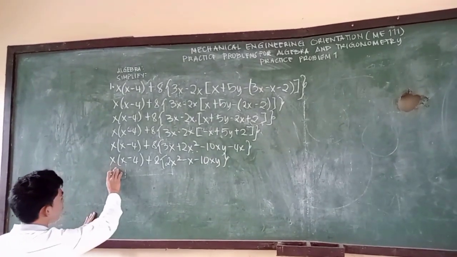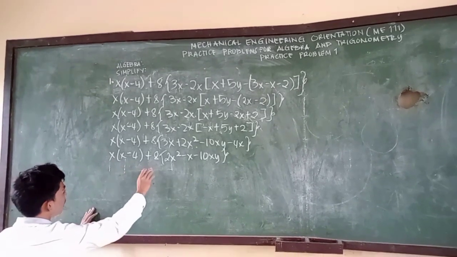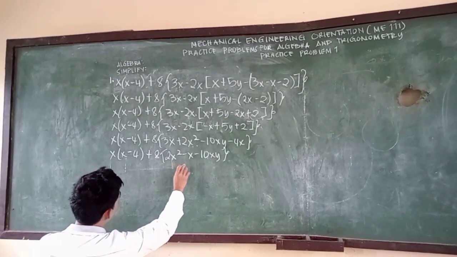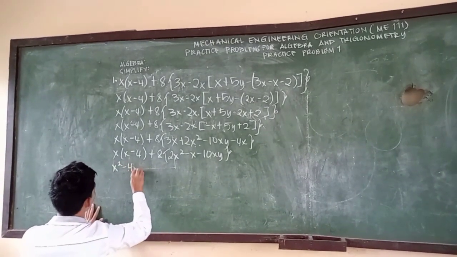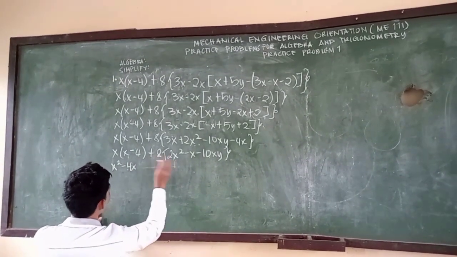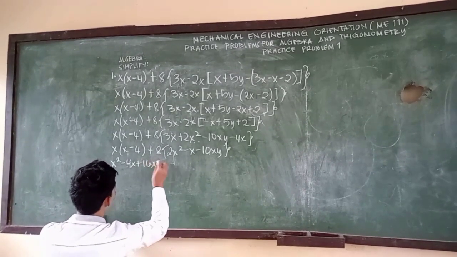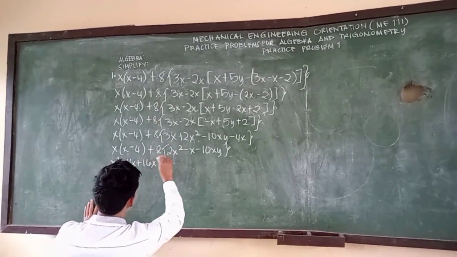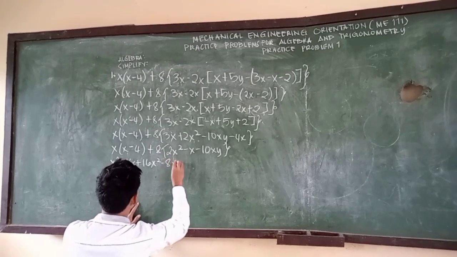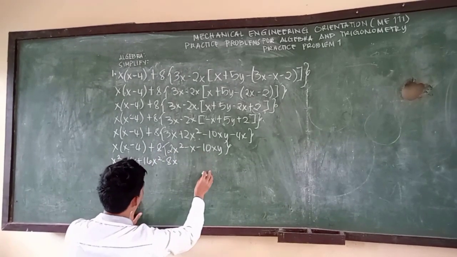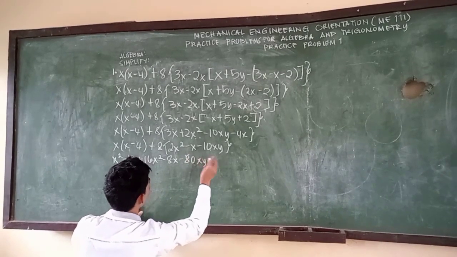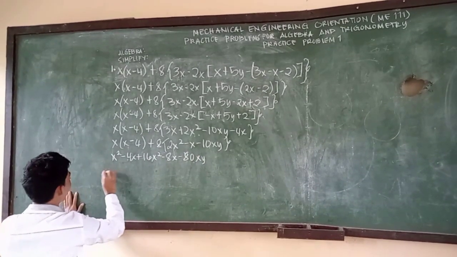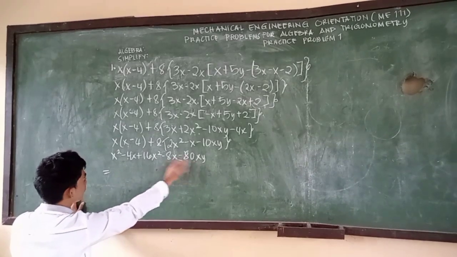Then multiply x with x minus 4 and 8 with 2x squared minus x minus 10xy. So it will be x squared minus 4x plus 16x squared. 8 times negative x is negative 8x. Then 8 times negative 10xy is negative 80xy.